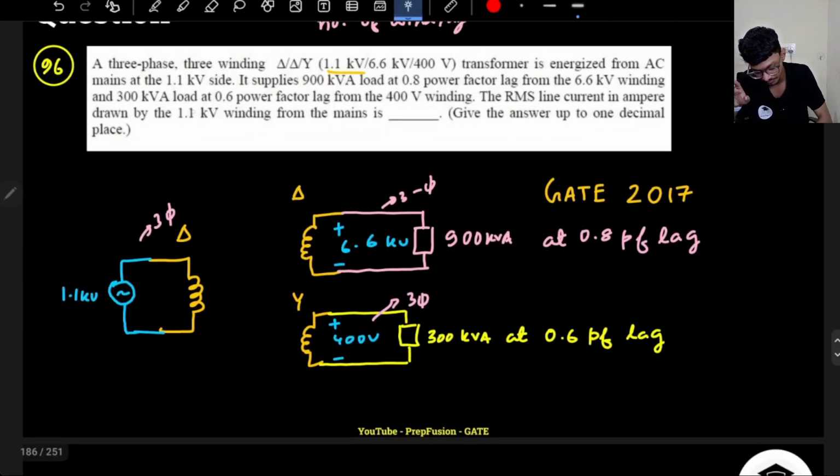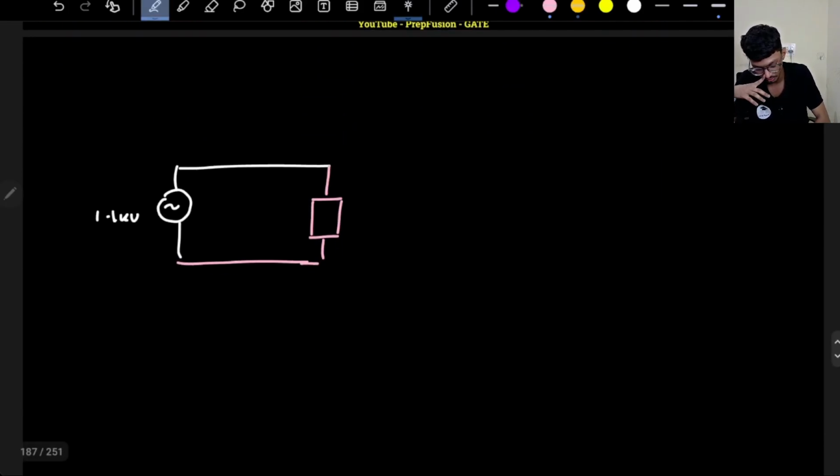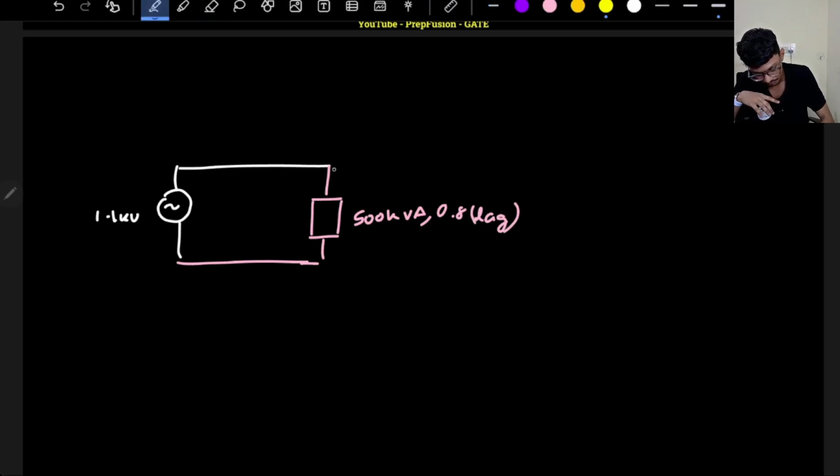So if this consumes 900 kVA, it will still remain the same, 900 kVA only, and the power factor will be 0.8 lag.